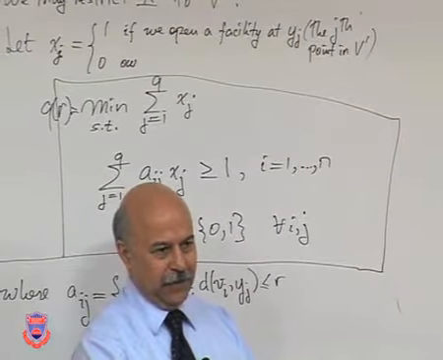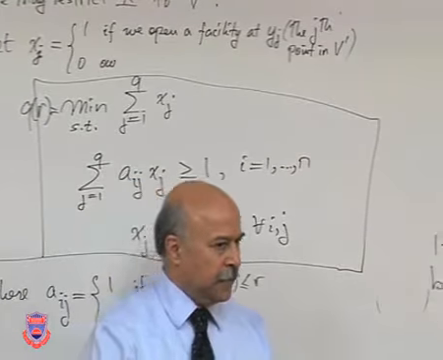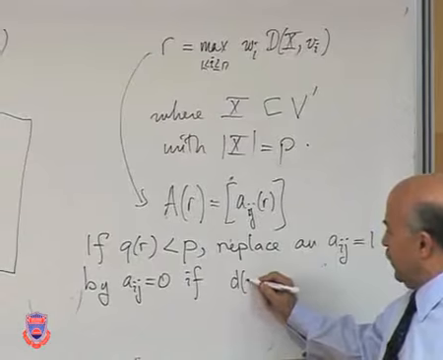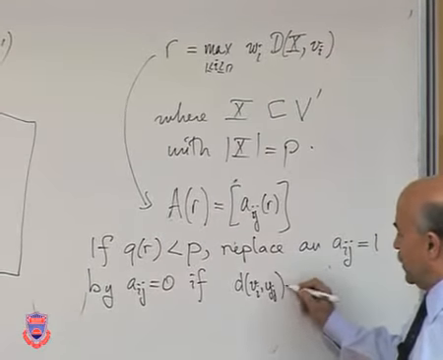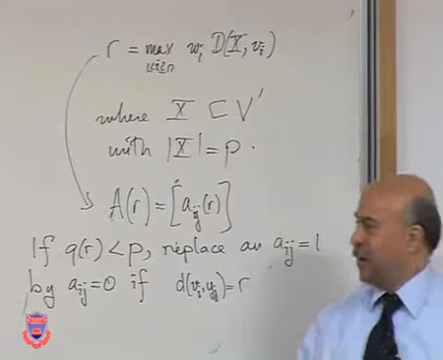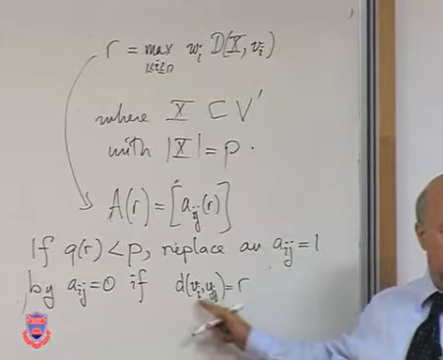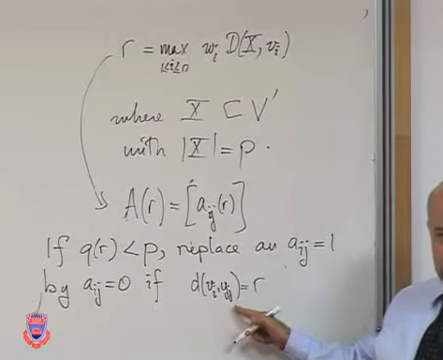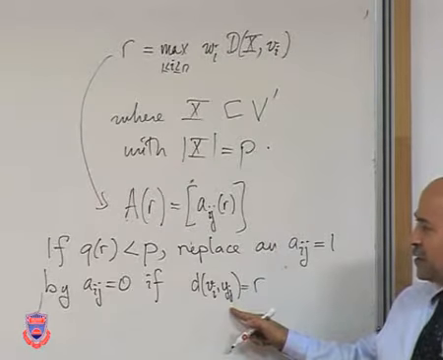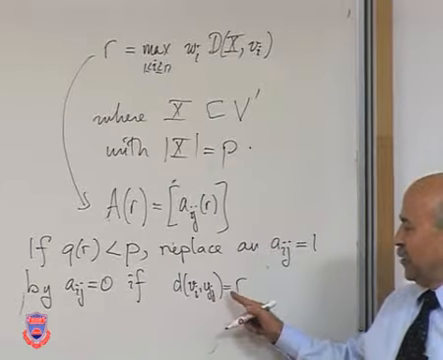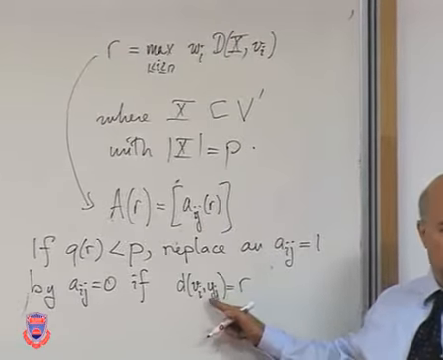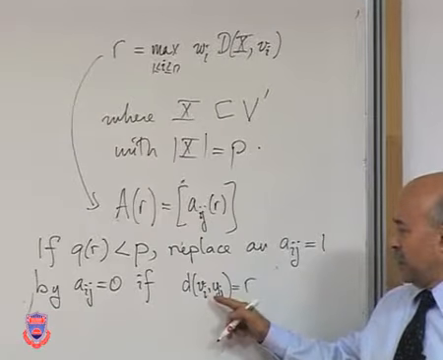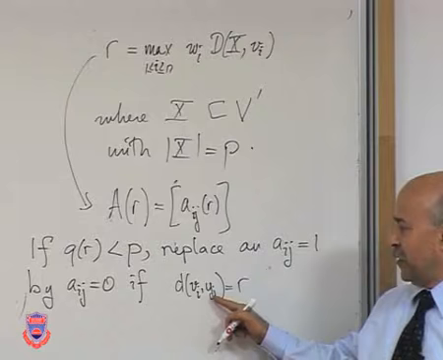Some kind of an equality. If the distance between Vi and Yj is equal to R, if that particular R happens to be realized by this coverage, in other words, Vi is being covered by Yj, there's a facility at the jth location, and he says that now I'm going to restrict the coverage of Vi to something other than Yj.